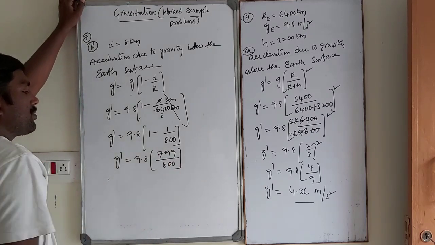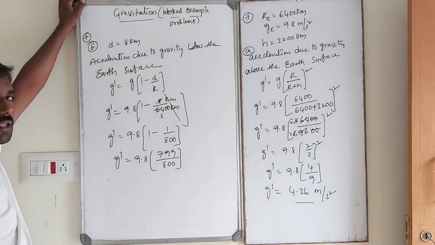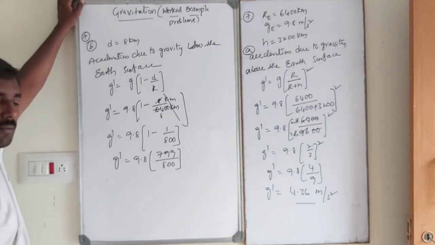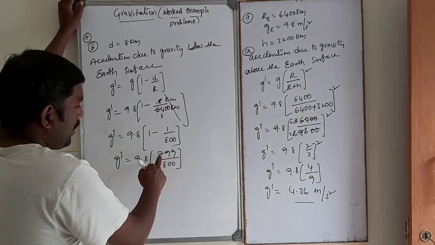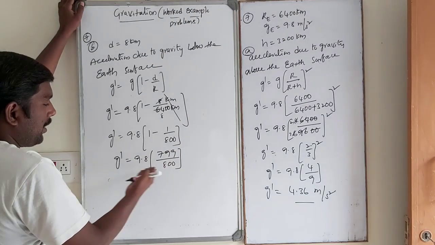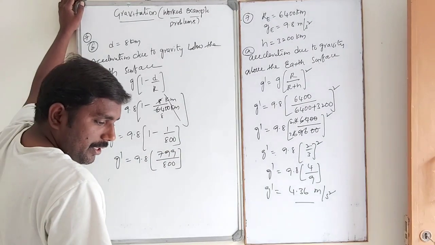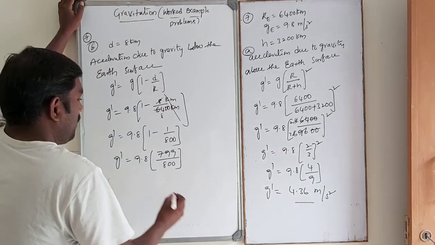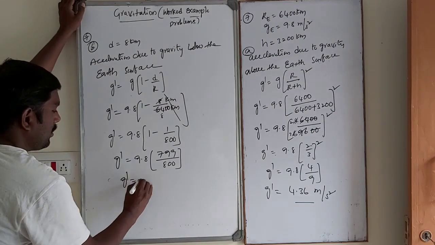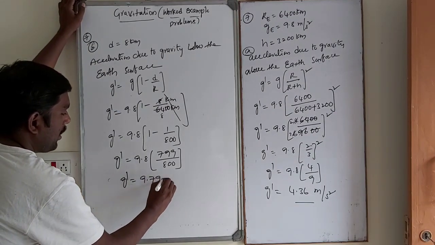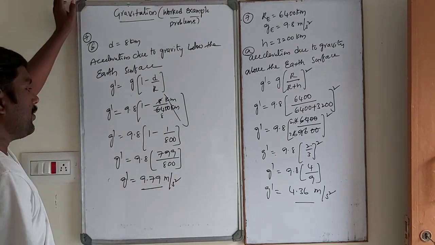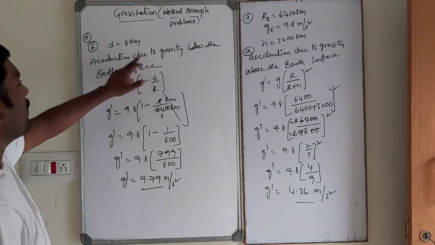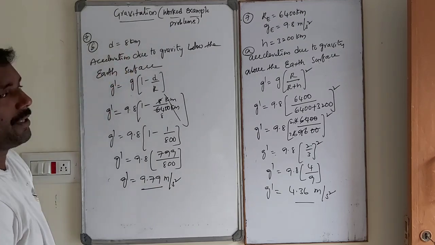This is almost nearly 1. The answer comes nearly 9.8, since 800 is nearly 800. That is 9.79. g dash is equal to 9.79 meter per second square. This is the acceleration due to gravity below the Earth's surface at a depth of 8 km.